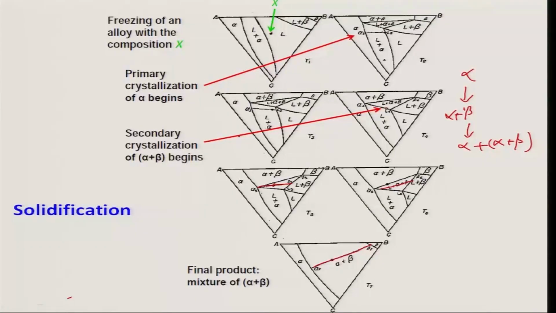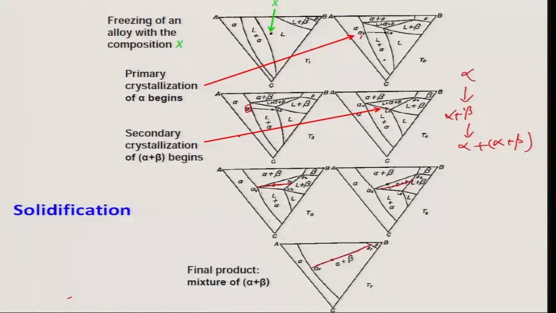So, the way we follow is that this is the point and it goes down on this liquidus as the temperature falls, precipitating alpha with composition alpha 2, and then at T3 more alpha forms, with composition alpha 3.